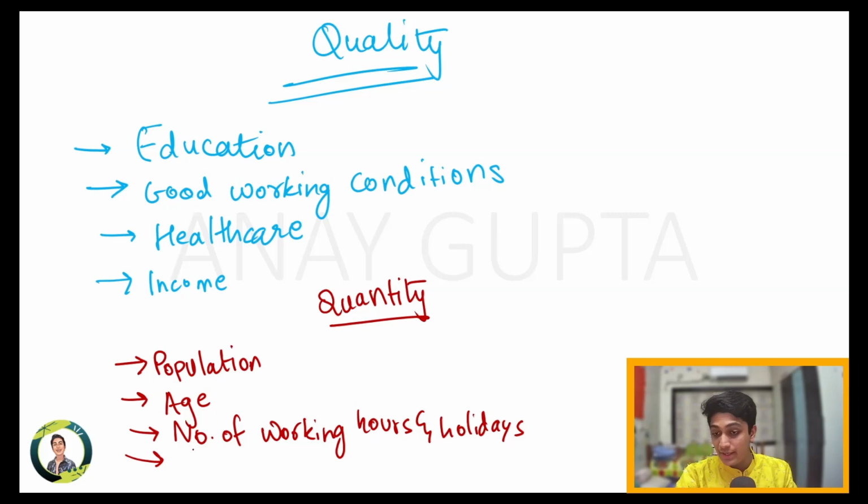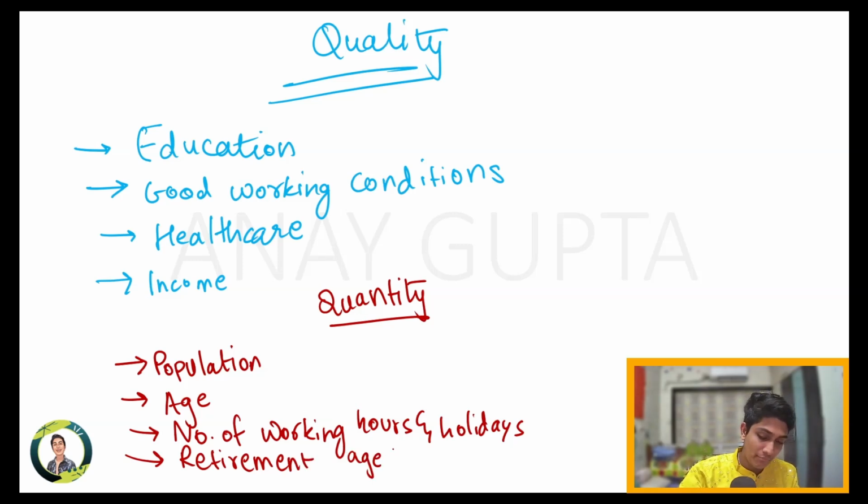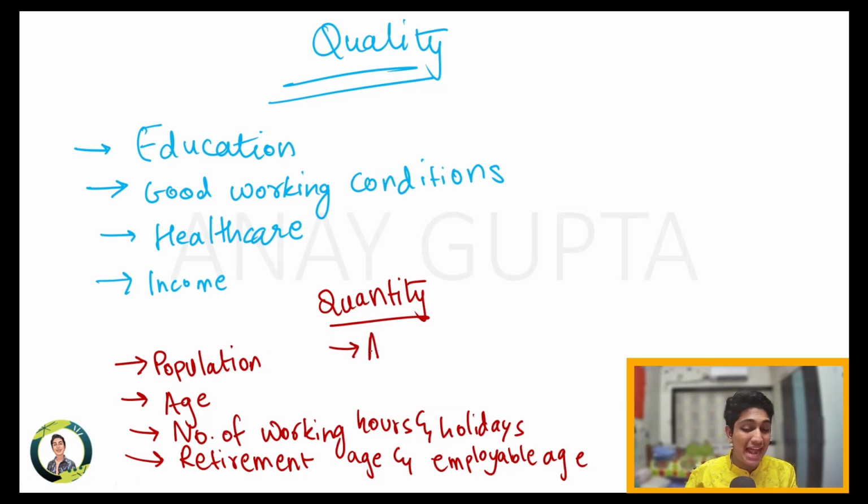We can speak about the retirement age, and I can also speak about employable age. That means at what age can a child start working legally. Then I can speak about attitudes to working women.